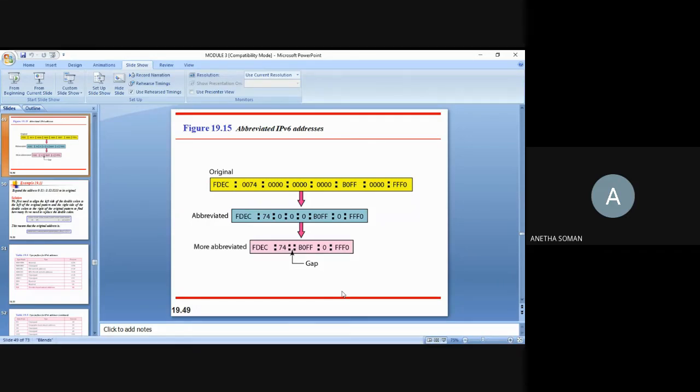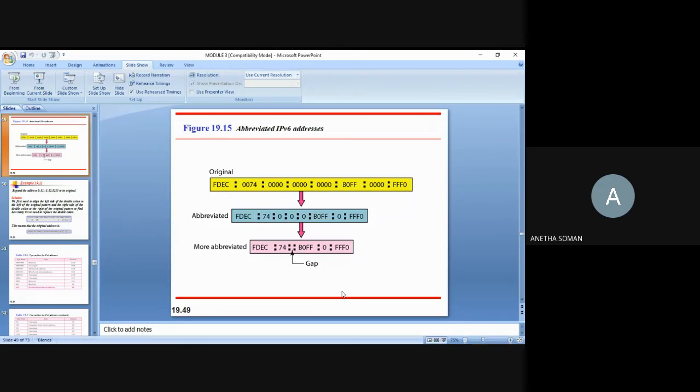That is the abbreviated form. The first hex digits are FDEC colon, then 74. Those zeros I will just eliminate. 74, then 0, 0, 0, B0FF, 0 and FFF0. Now again I can abbreviate in one more manner, that is the more abbreviated value, and that is shown in pink color.